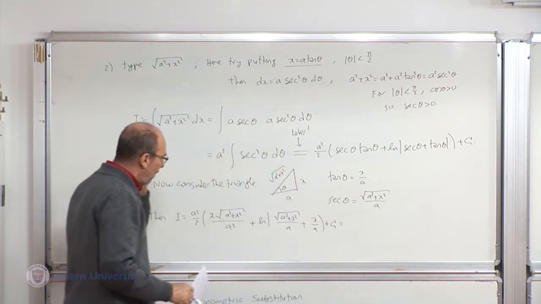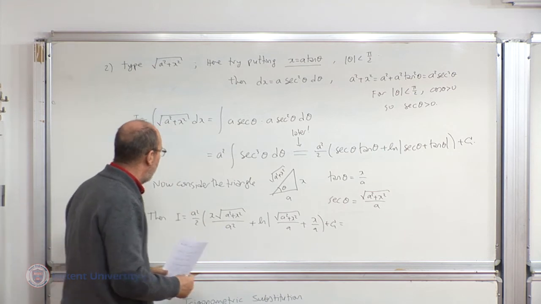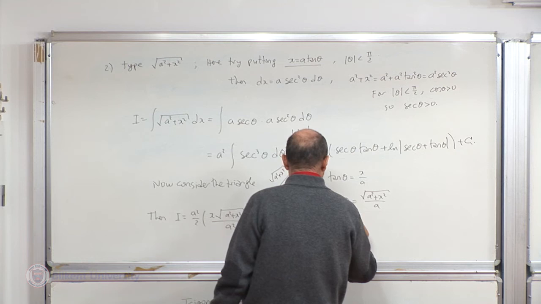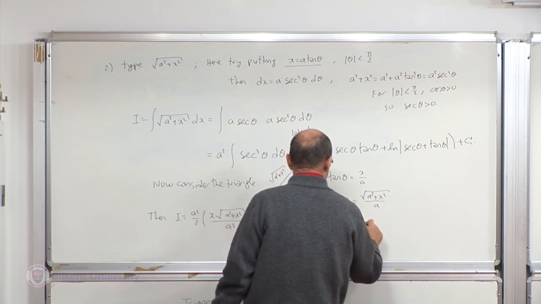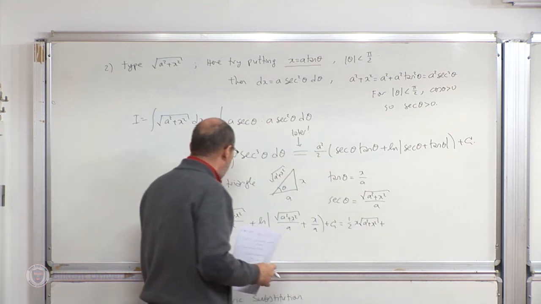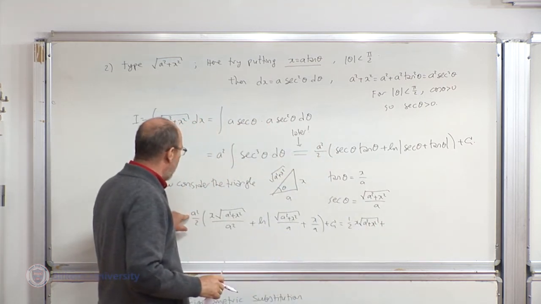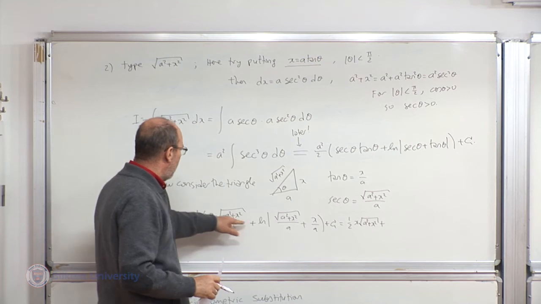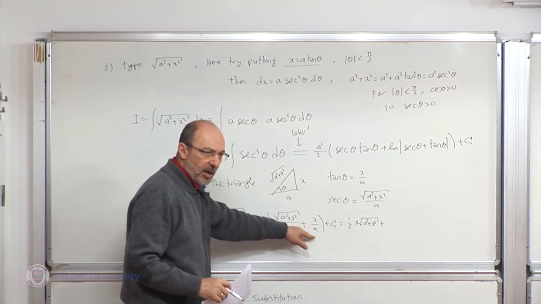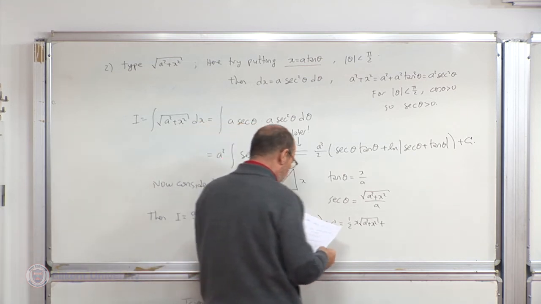You can simplify this. You see a square multiplies this, so let us simplify this. This is 1 over 2 x times the square root of a square plus x square, plus a square over 2 ln of this. Minus ln a is a constant, so we can get rid of this.